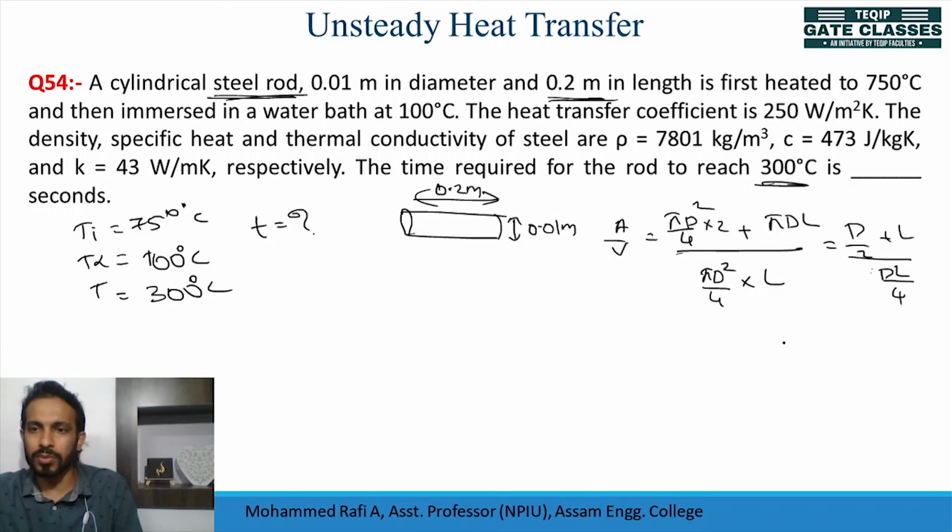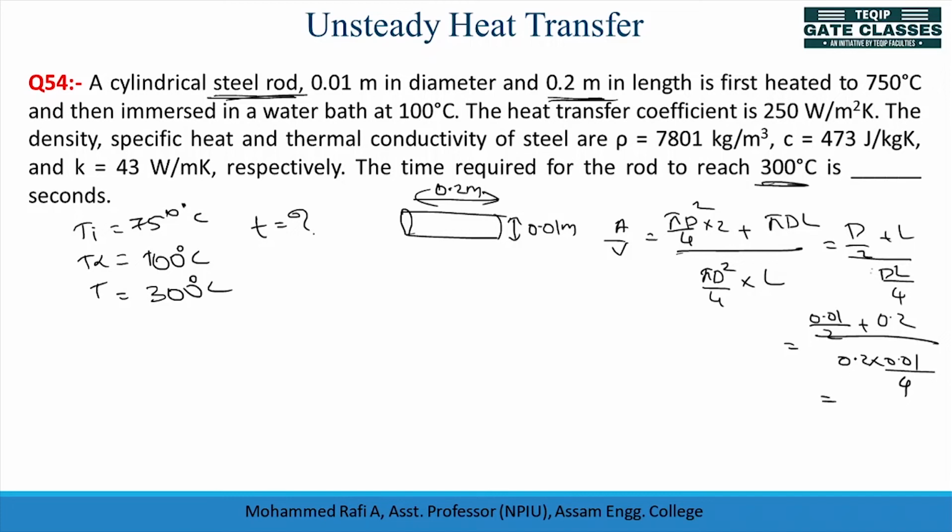Substituting d equal to 0.01, divided by 2 plus 0.2, divided by 0.2 into 0.01 divided by 4. What value are you getting?